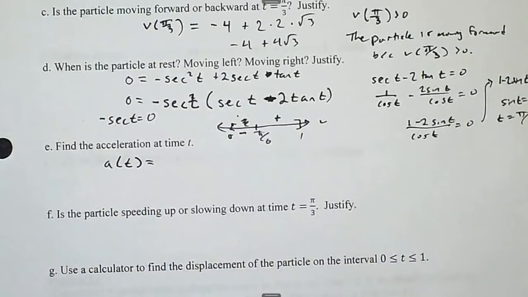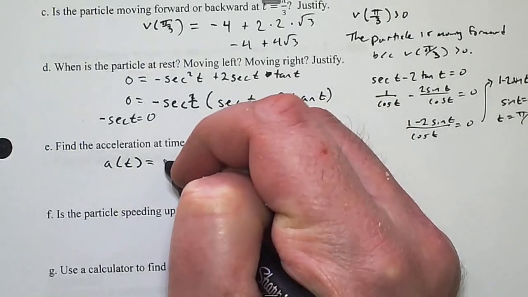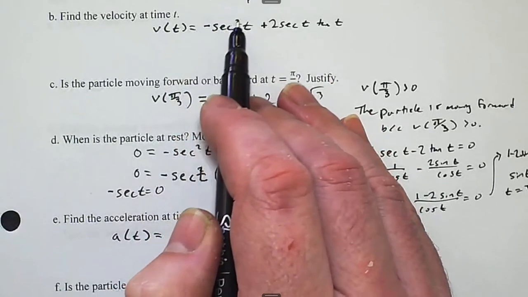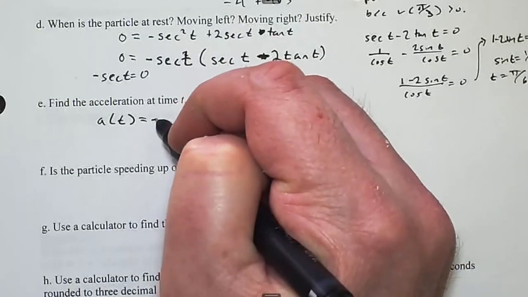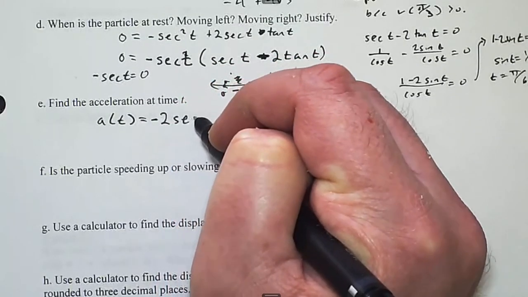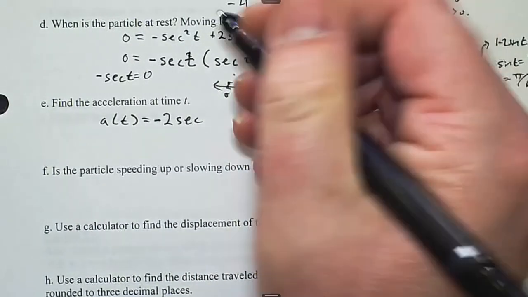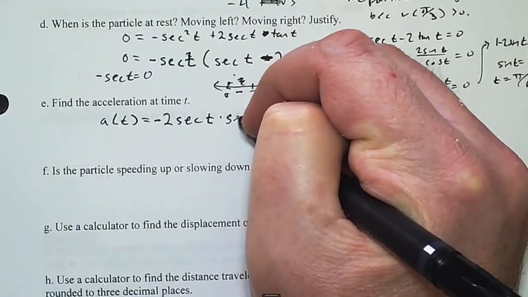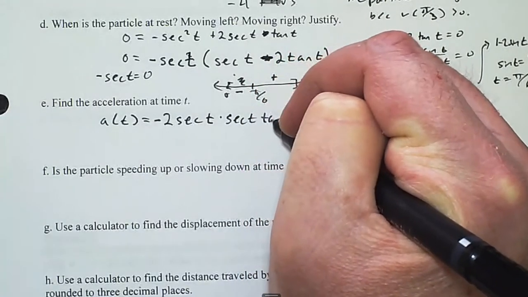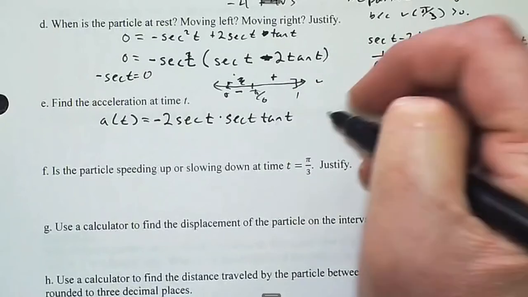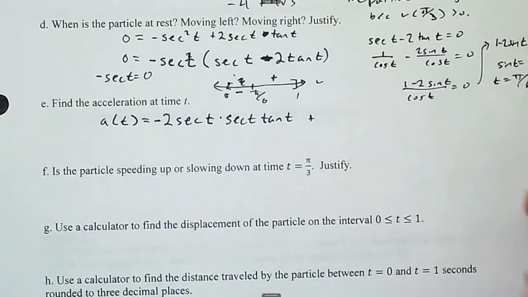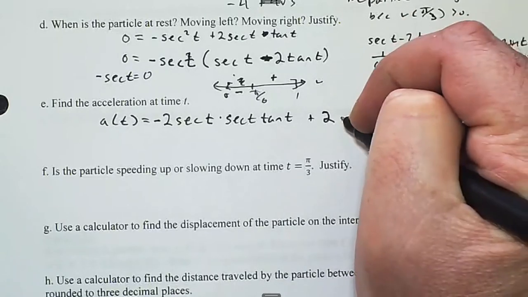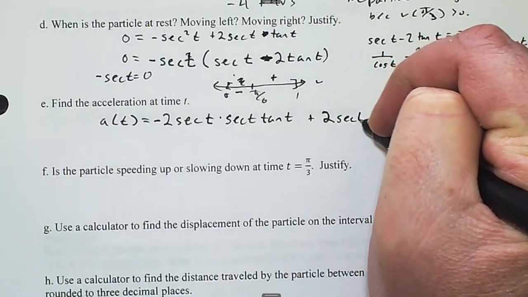The acceleration is the derivative of velocity. So I have to take the derivative of this, so I need to use the chain rule. So it's negative 2 secant t times the derivative of secant, which is secant tangent, plus 2 secant tangent t.